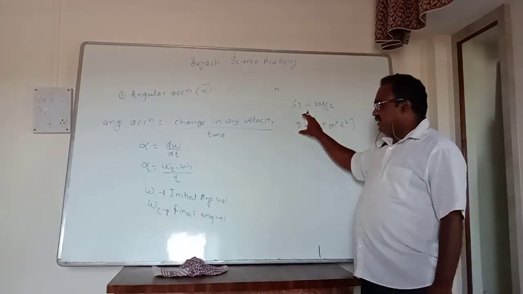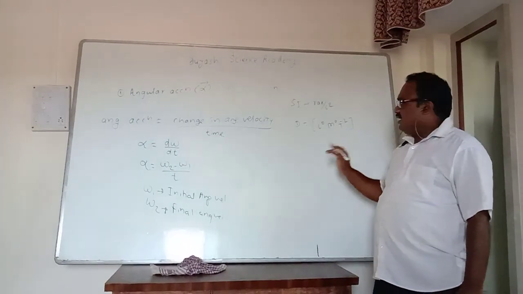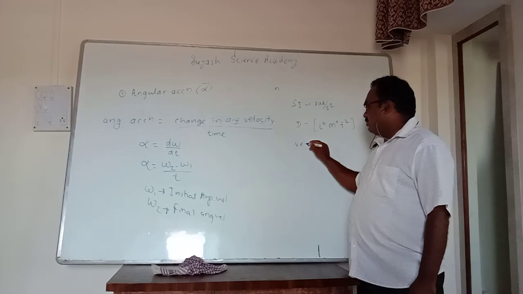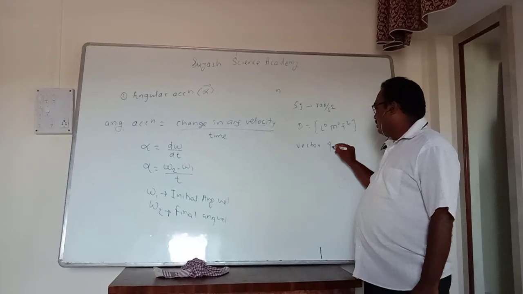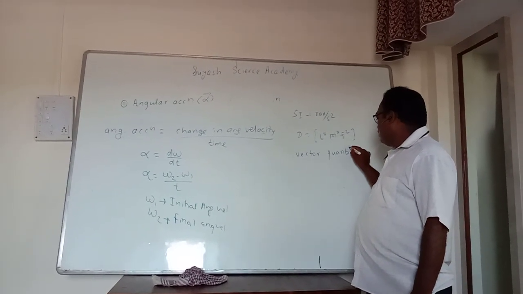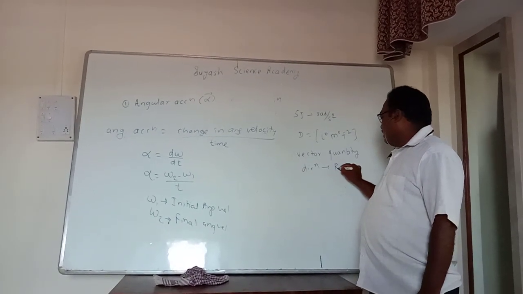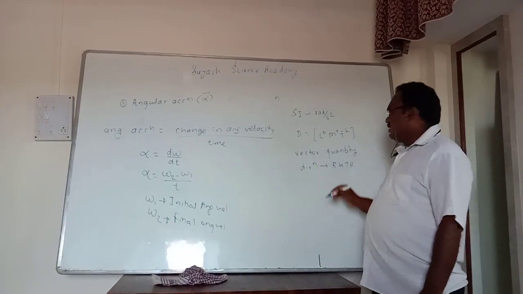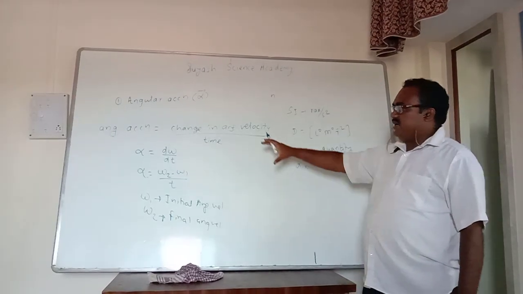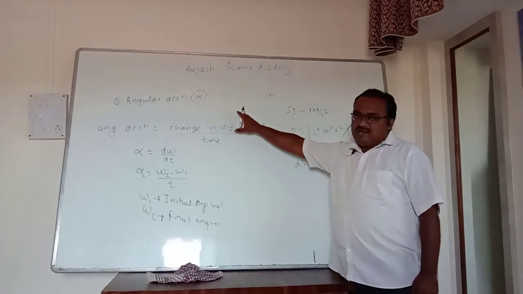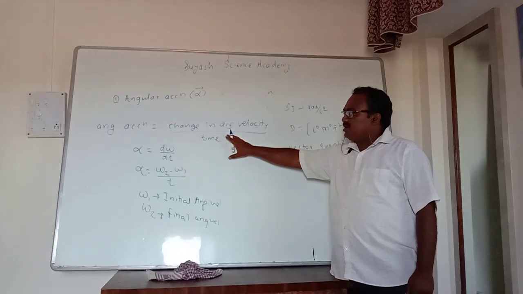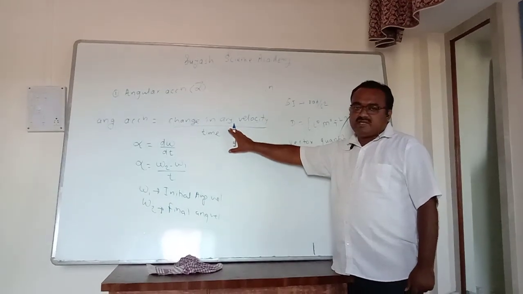It is a vector quantity, and the direction is given by the right hand thumb rule. Again I will repeat all this. Angular acceleration definition: the rate of change of angular velocity with respect to time.